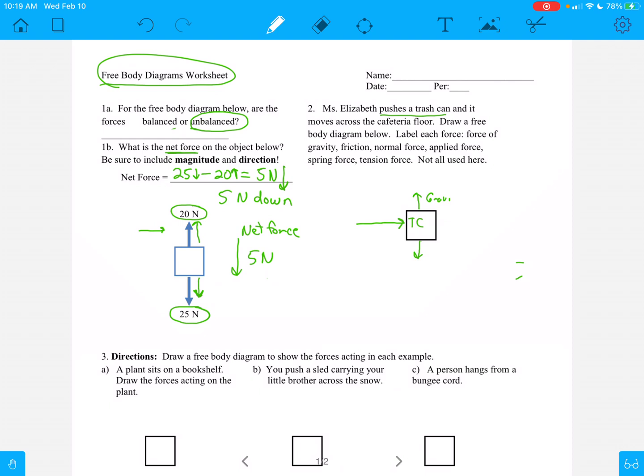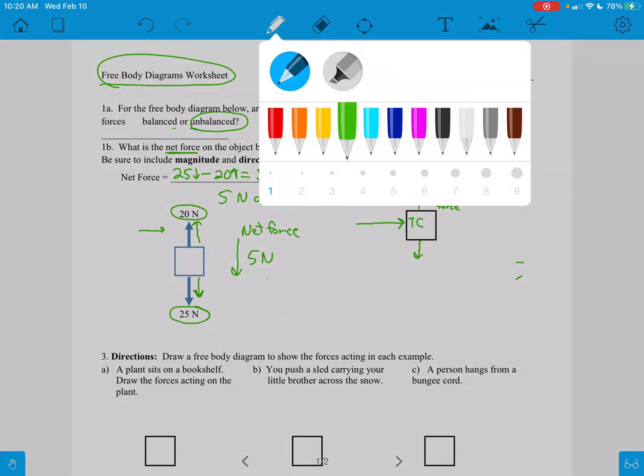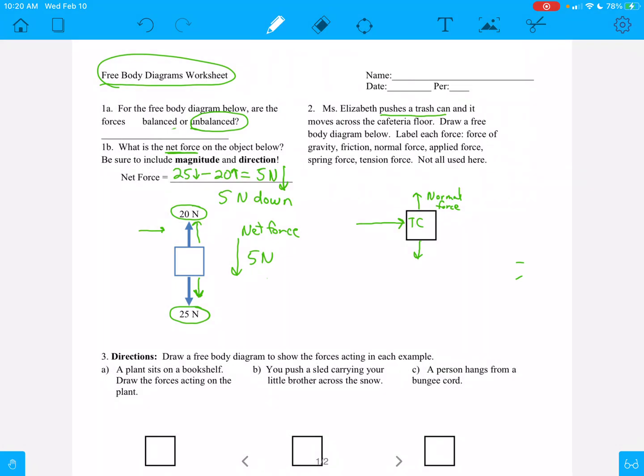Gravity, no. Oh my gosh, that's normal force. My bad. So this is normal force right here. Normal force is pushing up. And gravity, if I can get it to write, we'll do red. Gravity.